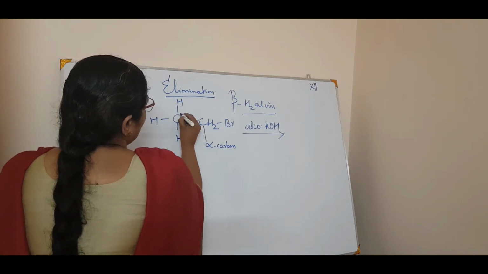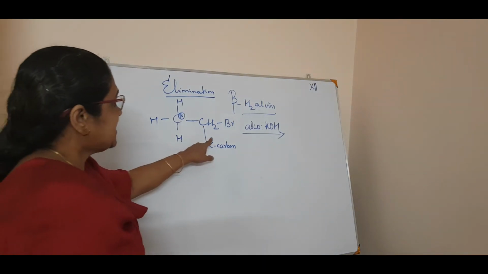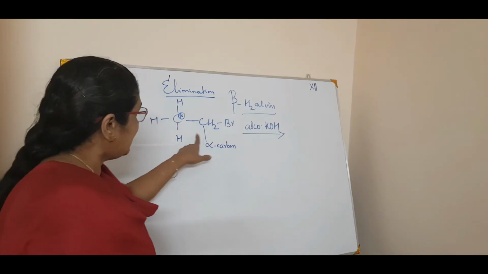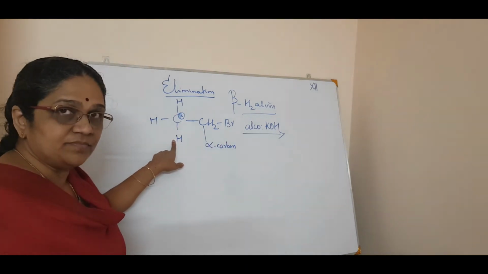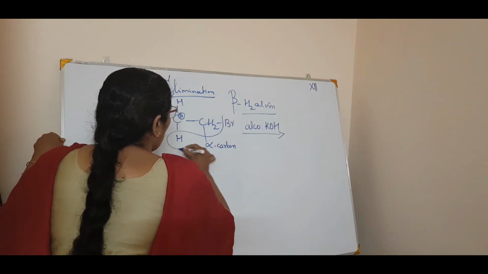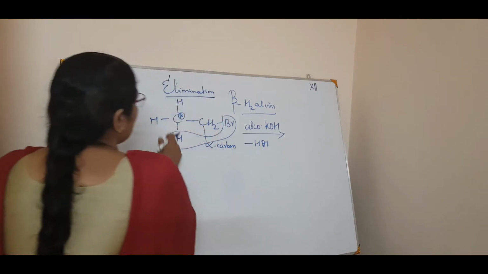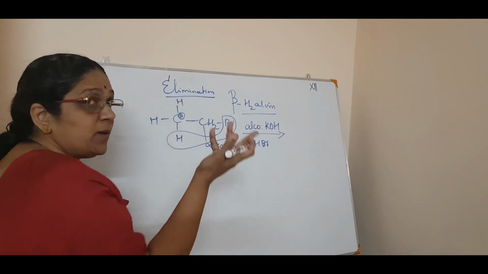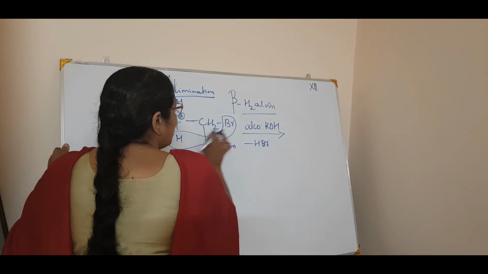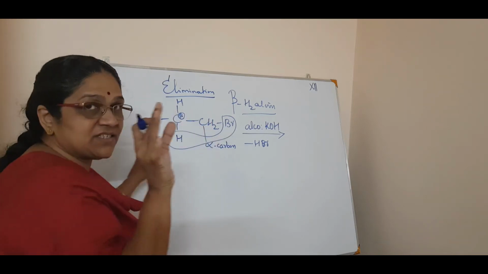This is the beta carbon atom with its hydrogen atoms. Now what will happen? This alpha bromine atom and the beta hydrogen atom will get removed, like minus HBr. This can be this way also, no problem, because it is the same environment. So it is the removal of a hydrogen halide. See, hydrogen halide. Hydrogen is a must.